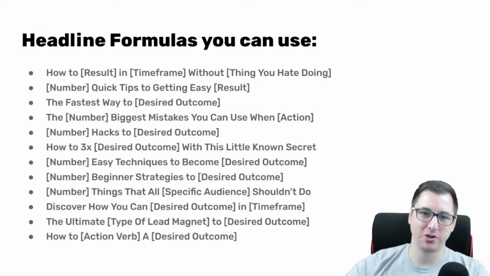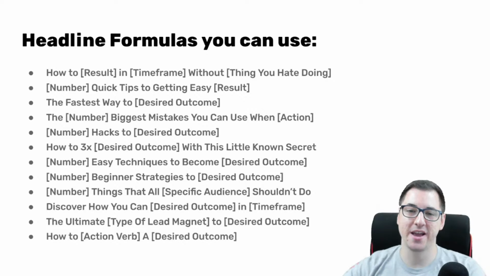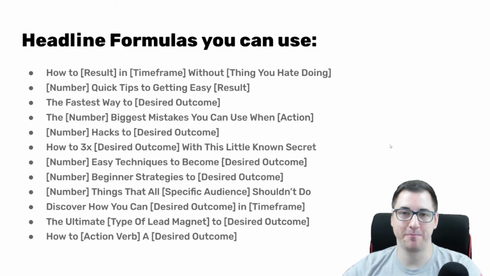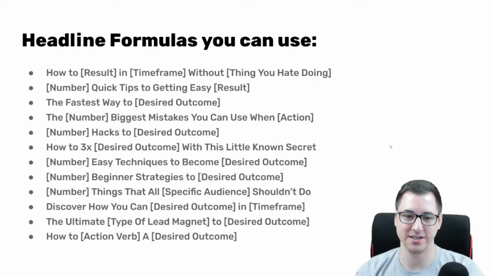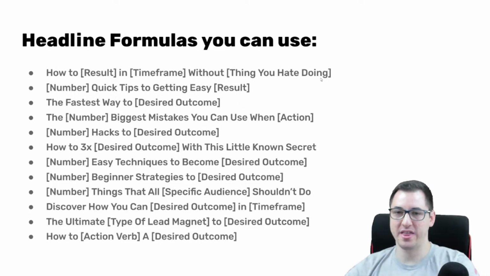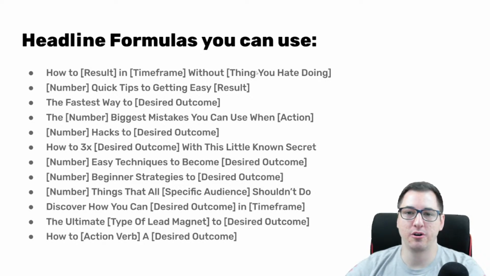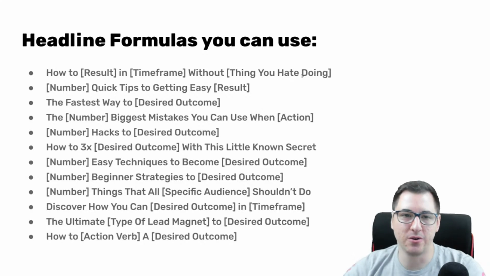There is a bunch over here, so we're just going to use one of these together so that we set up my profile, and then you can set up your profile also with any of these. So you can see how to result: how to promote Groove in 30 days without the thing you hate doing, without alienating your friends and family, or without spamming your Facebook profile or something like that.